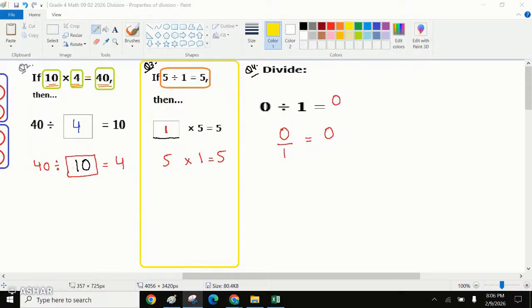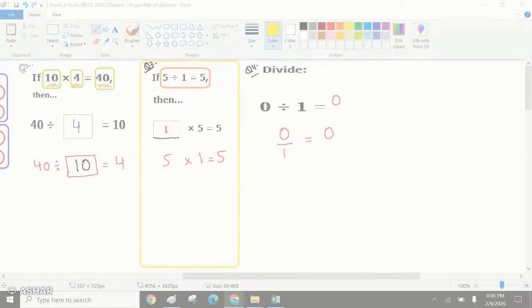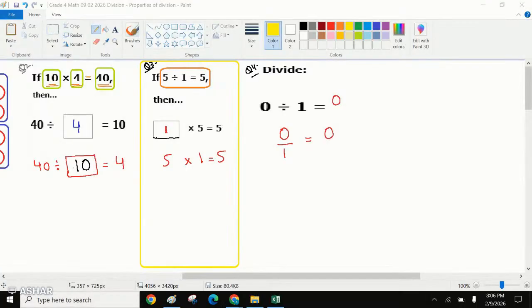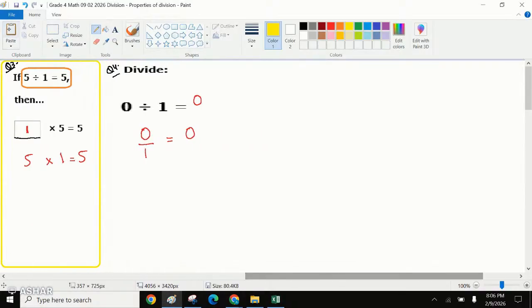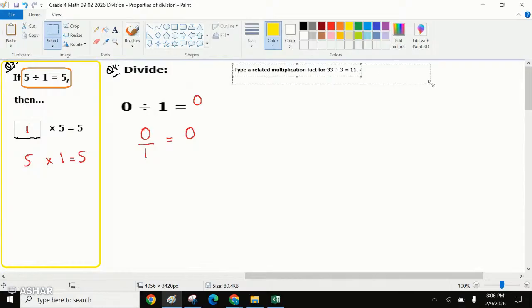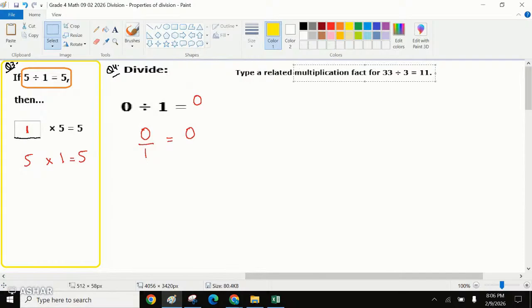Okay, the next question says type or write a related multiplication. We are looking at the rule for multiplication for the next question, and they're asking us to write a related multiplication fact for 33 divided by 3 to make 11, right?